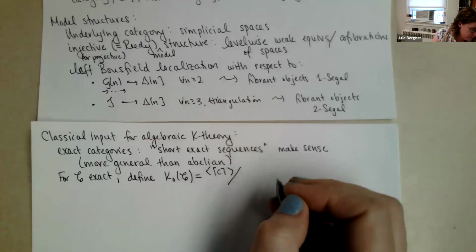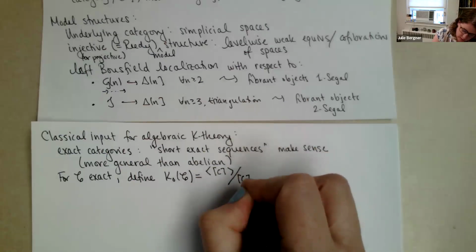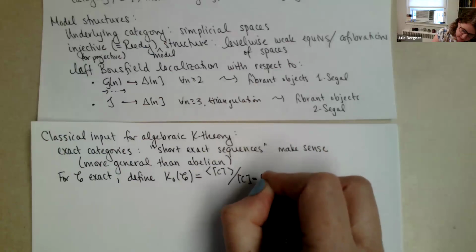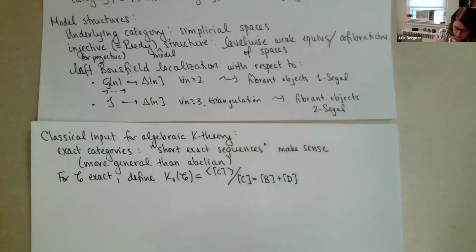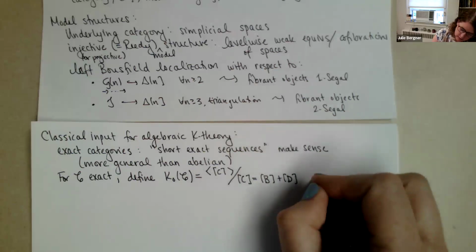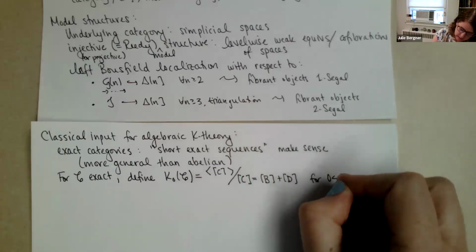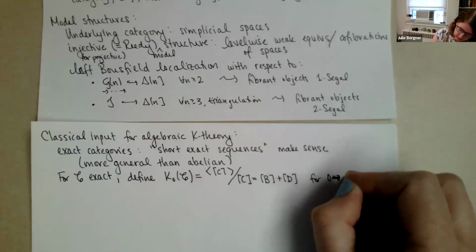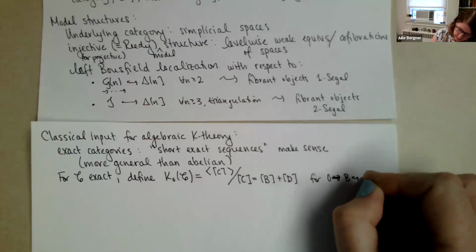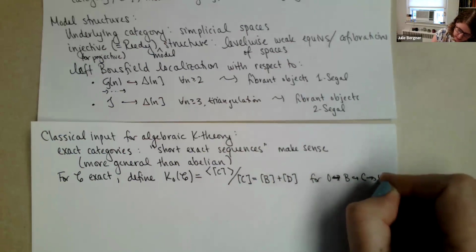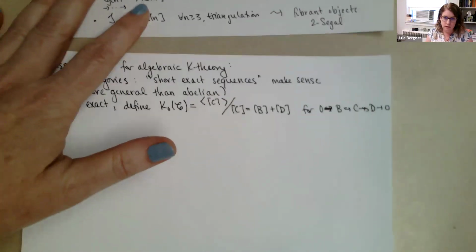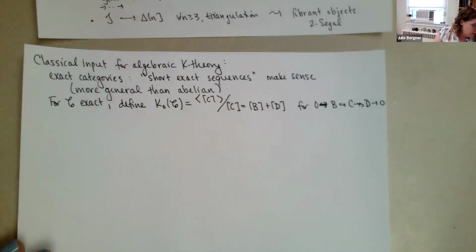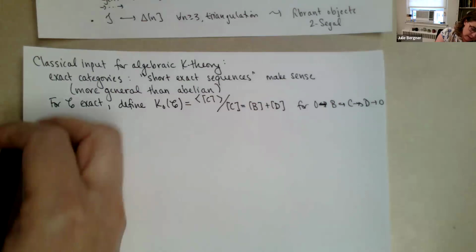And then we mod out by the relation where we say that C is the sum of B and D, again working on isomorphism classes, whenever I have a short exact sequence B to C to D. All right, so that's a starting point.